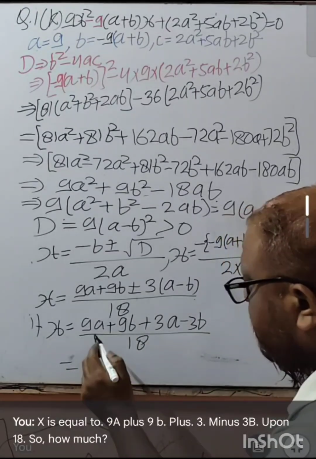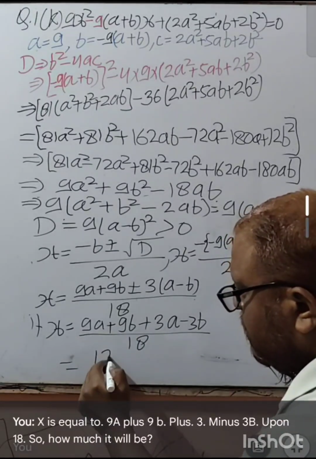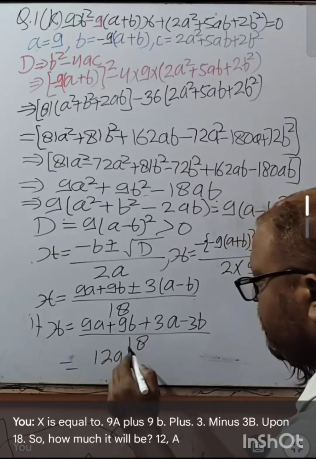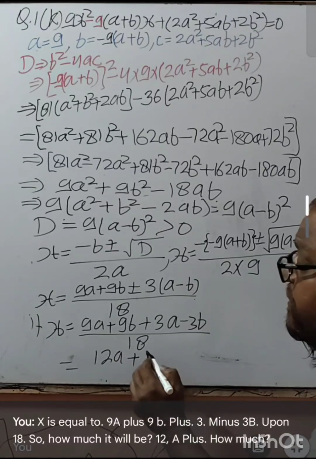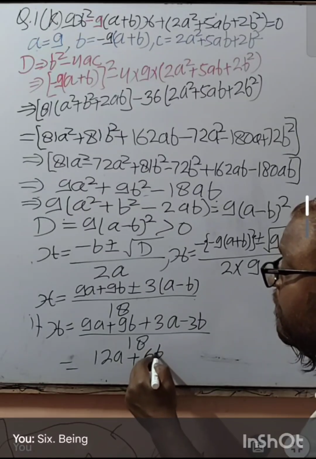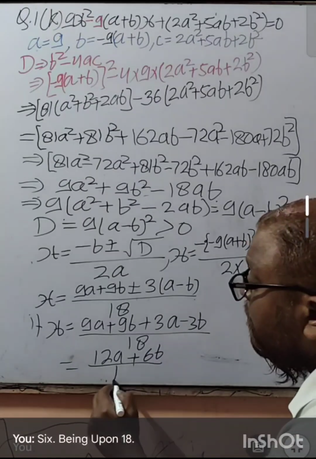So how much will it be? 12a plus 6b upon 18.